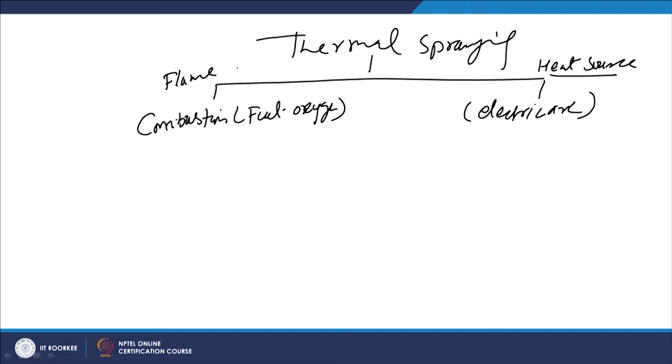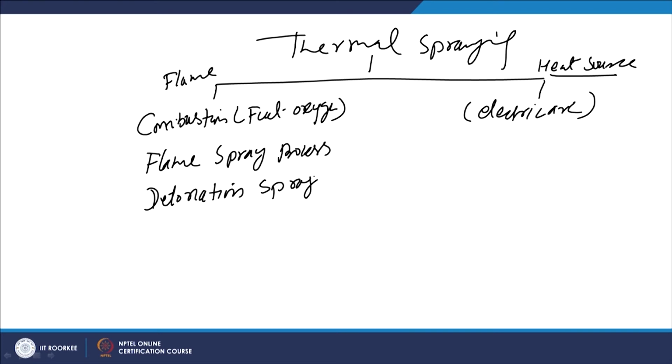The methods which are used in this category includes flame spray process. This is commonly known as oxy-fuel flame spraying, and then we have detonation gun, detonation spray process. There is a detonation gun which is used for the spraying purpose, that is why it is called detonation spray process.